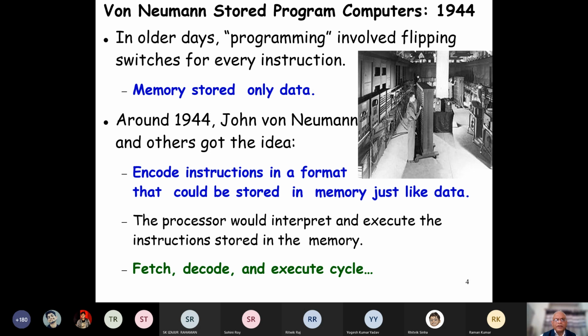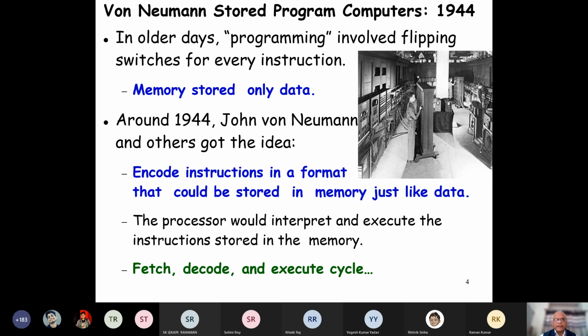But then John von Neumann was the first to get the idea: why enter the instructions manually? That is really slowing it down because of the manual entry of the instruction. Can't we encode the instructions and store them in the memory just like data, and the processor would fetch the instruction, interpret and execute it using the data that is also stored in memory?